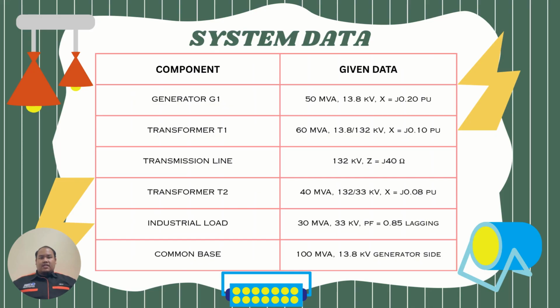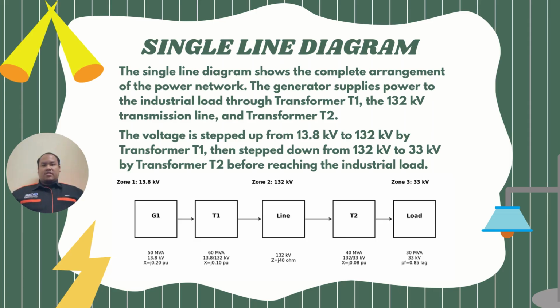For this analysis, the common system base is selected as 100 MVA, and the base voltage at the generator site is 13.8 kV.